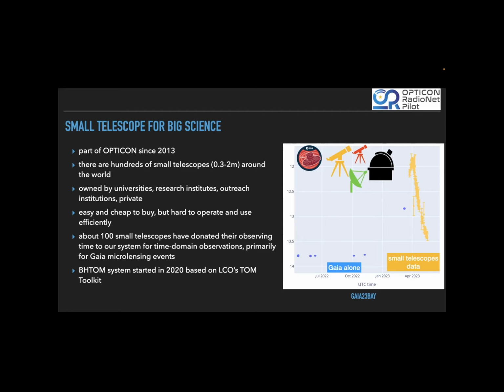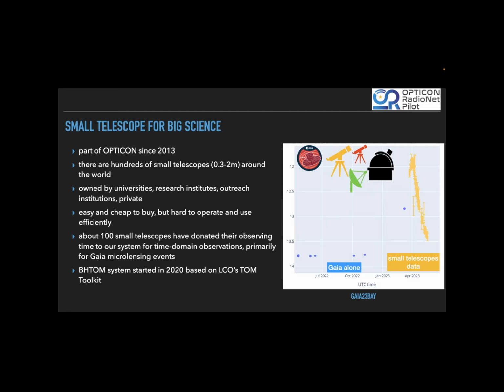What we established early on in 2013 is that about 100 small telescopes from around the globe have donated observing time to our system for time domain observations. Primarily, it's concentrated on Gaia and potential black holes in lensing events, but broadly speaking, time domain.